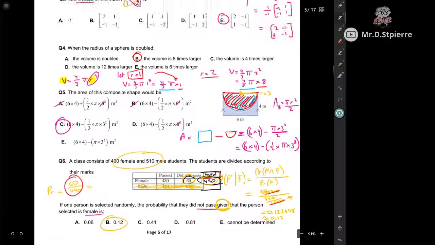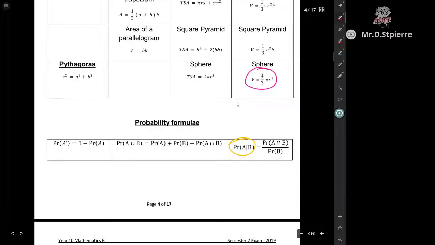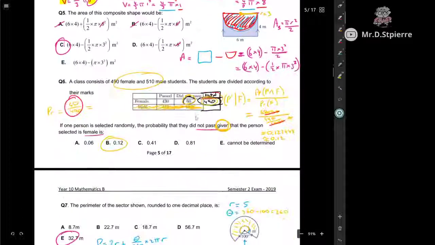We go up to our formula sheet, we'll see we have this formula here that's called the addition formula, where the union, which is what we're trying to find, is equal to probability of A plus probability of B. We have that, but we need the intersect, probability of A intersect B, which we don't have at the moment.